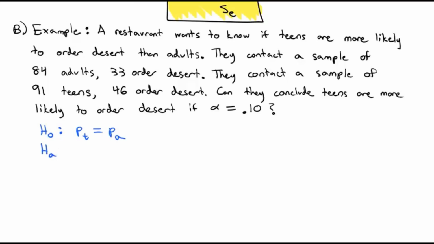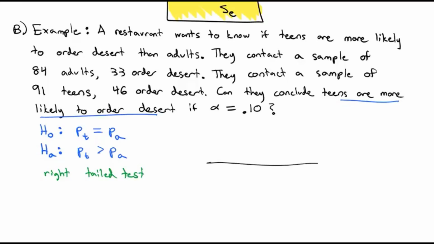That way when I set up my alternative hypothesis, we want to know, are the teens more likely to order dessert? They want to know if the proportion of teens is greater than the proportion of the adults. What we have actually is a right-tailed test because we are going to reject in the right tail.